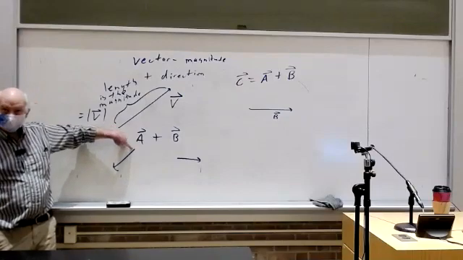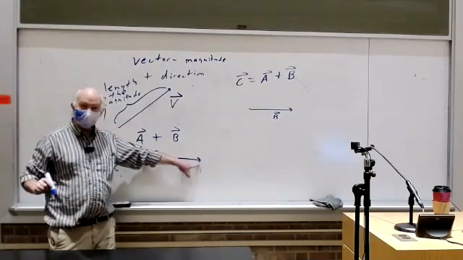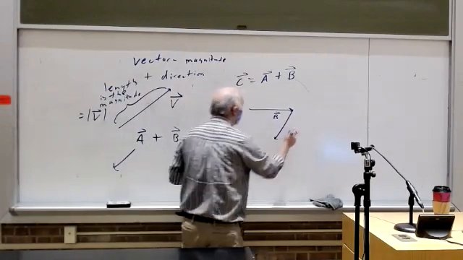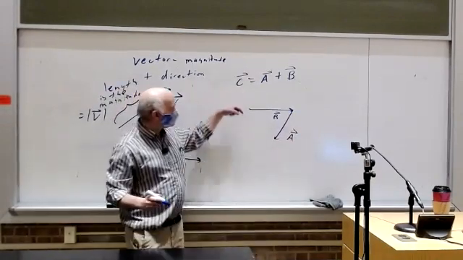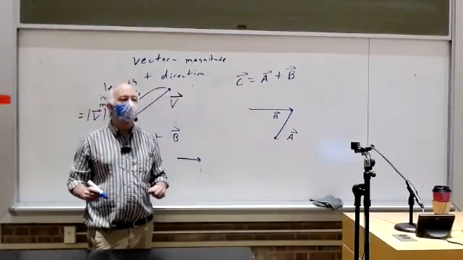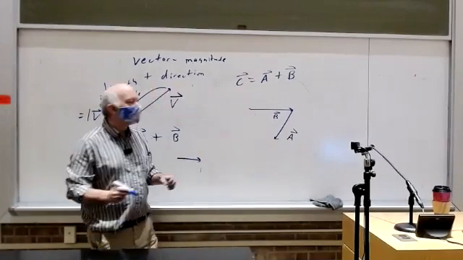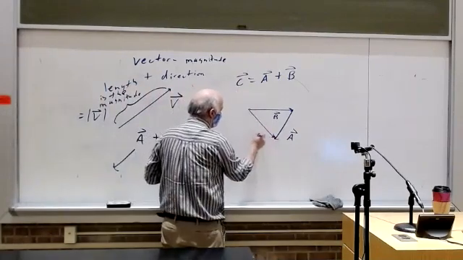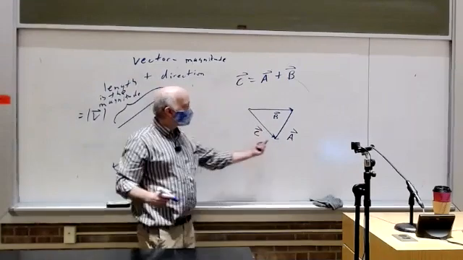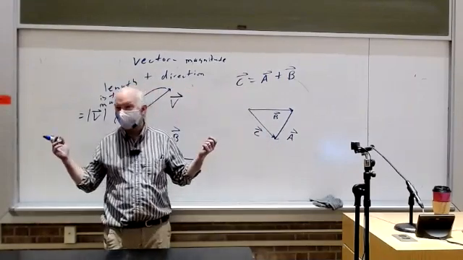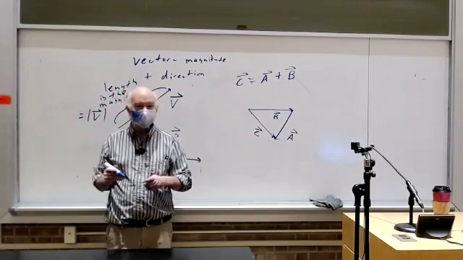I take the tail here, and I add it to the tip here. So I put my A over here like this. Now where does C go? Does C go this way, or this way? The one right here goes like this. That'll be C. If I go the other way, I have minus C. Does that all make sense?